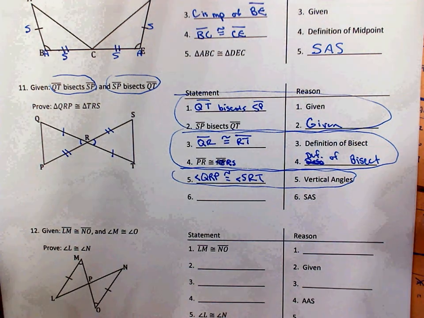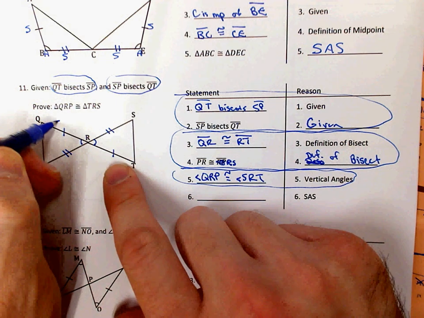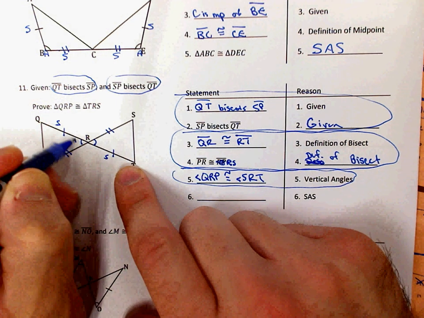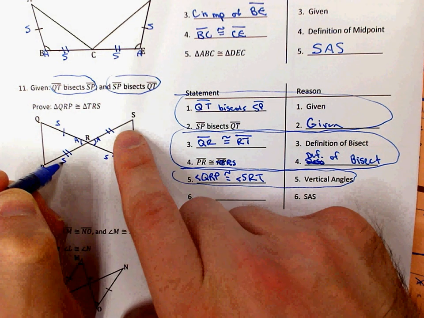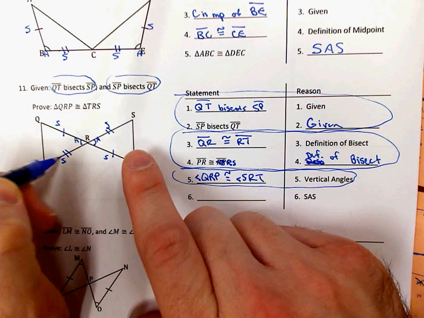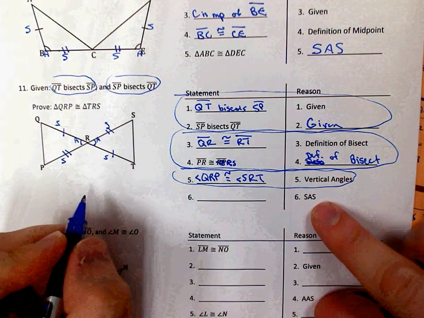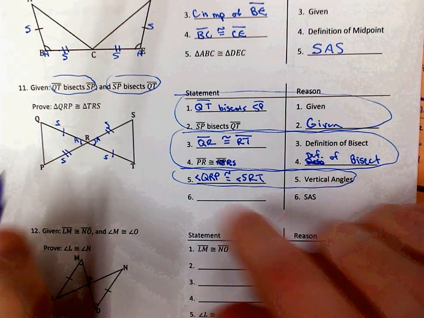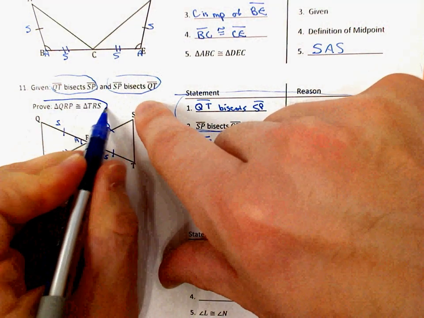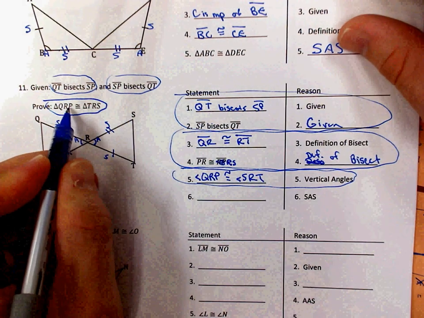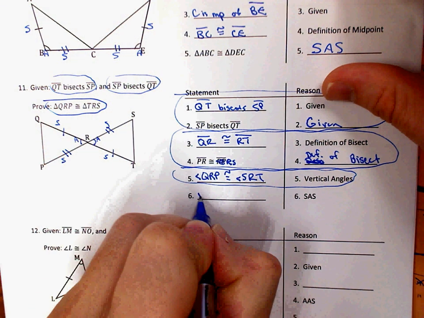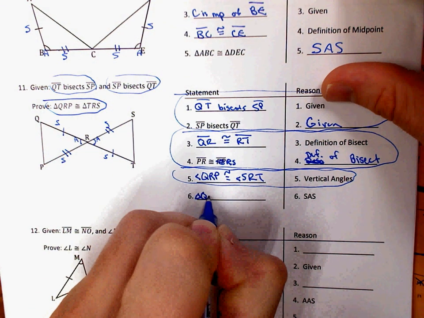So I've got a side that matches a side, an angle that matches an angle, and another side that matches a side. So I've got SAS, side, angle, side, which is already written. So that proves that triangle, and I'm just going to take it straight from here. Triangle QRP is congruent to triangle TRS. That's the whole goal, is how could we prove that? And we've done that.